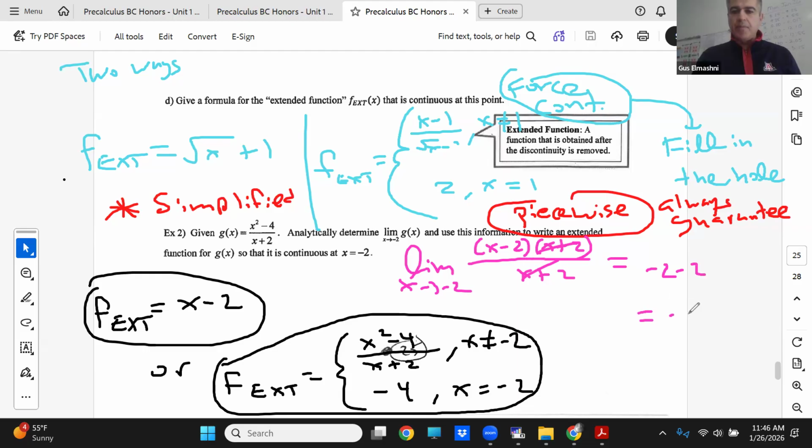And what do you get? -4. There you go. Because the limit does exist, but f of -2 did not. So if you want to be continuous, you better put a point at f of -2 and fill in that gap. And therefore, will the limit equal f of -2? 100% will. We're all good. Okay, let's keep going.